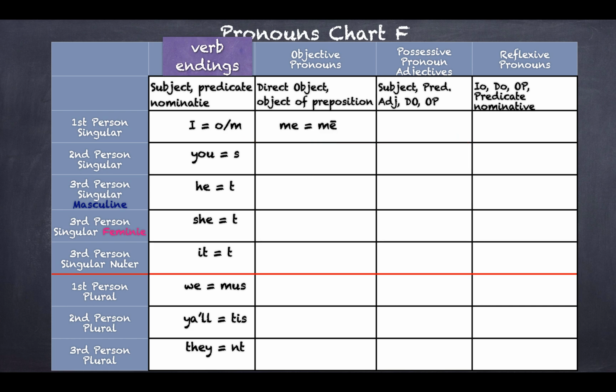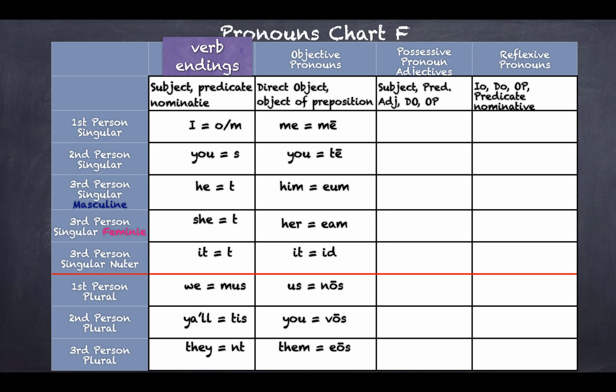What is "me" in English is me in Latin. Look, they look the same. You is te, him is eum, her is eam, so the spelling is different, and it is id. Again, him, her, it, they're all spelled differently, so you need to know them and separate them. Us is nos, you is vos, and them is eos.